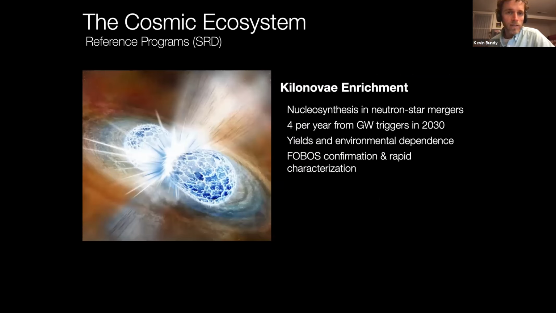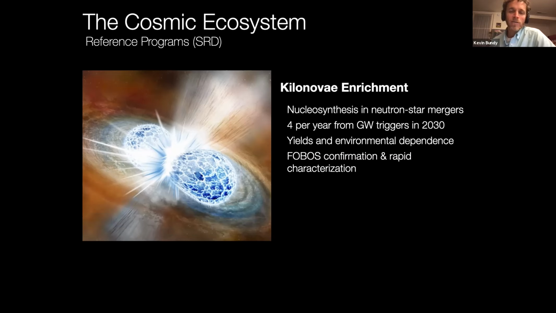We also think that there's a time domain capacity that Phobos will be really exciting for. And one that we've thought a little bit about is following up kilonovae. So this connects to the cosmic ecosystem in terms of enrichment on basically the smallest scales.